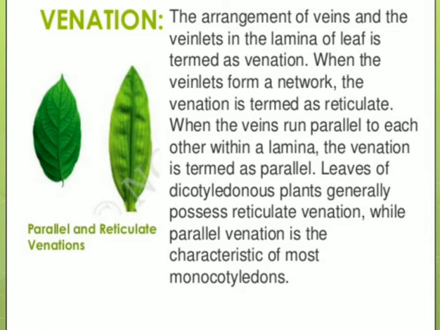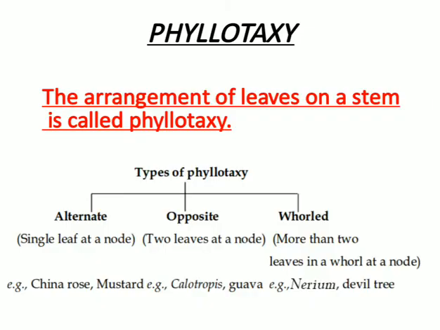So this venation, the arrangement of the veins in a plant, is very important for the identification of the plant as monocot or dicot. After the venation, I am discussing the next topic, and that is phyllotaxy.